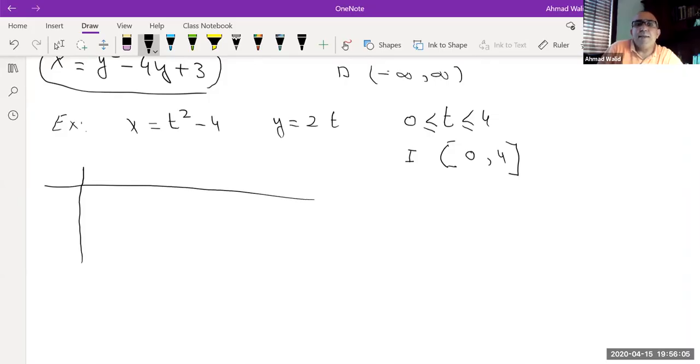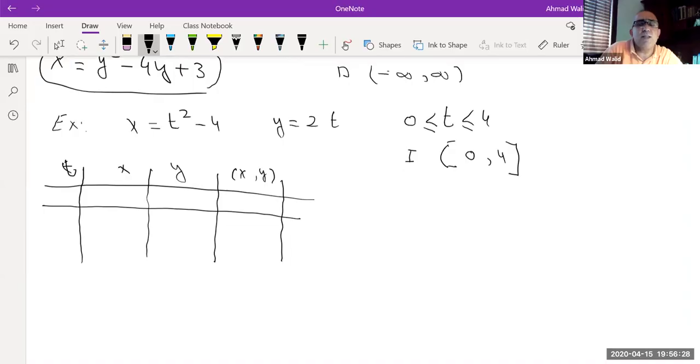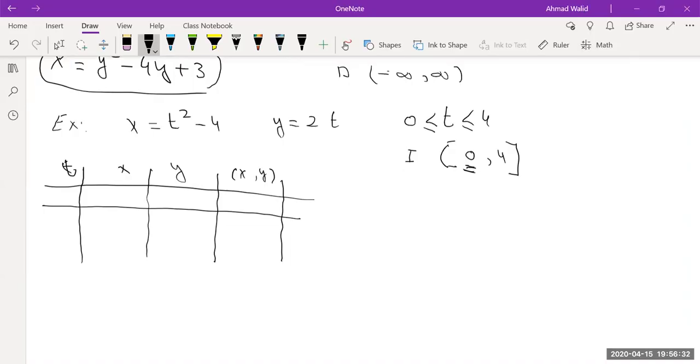Method is the same. t, x, y, here x y. From where I should start in my table, which value you want to put? What is the starting point in your domain? 0.